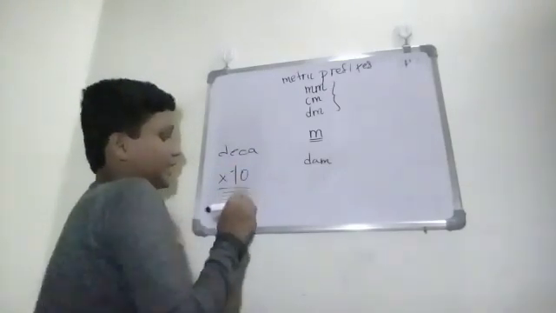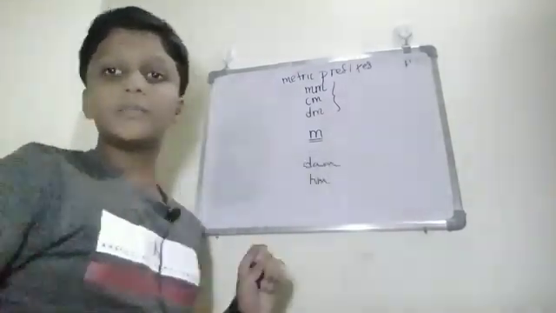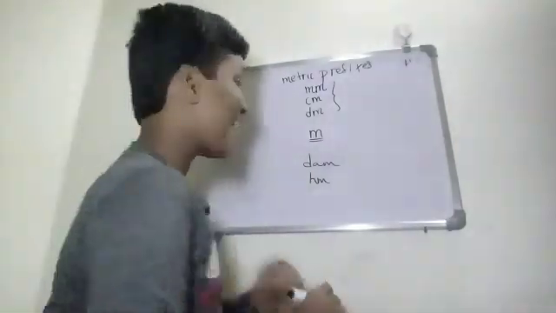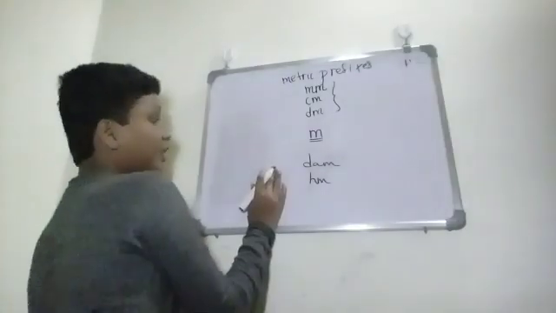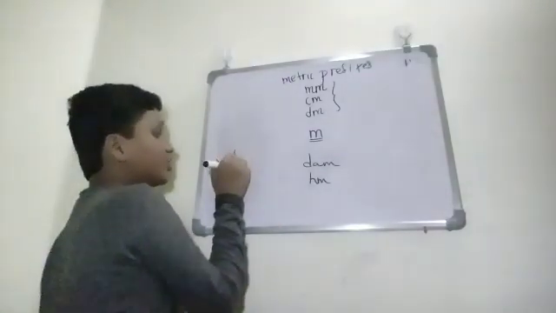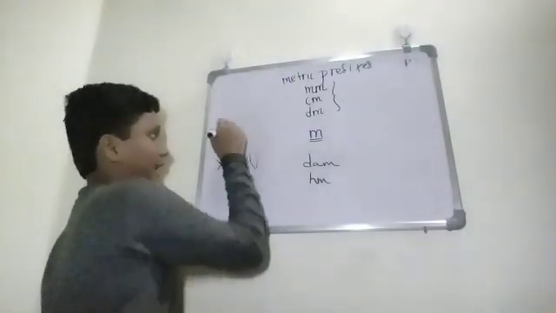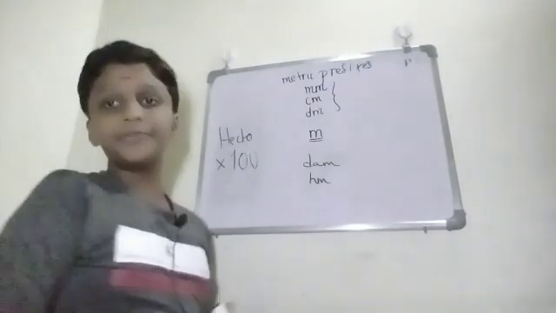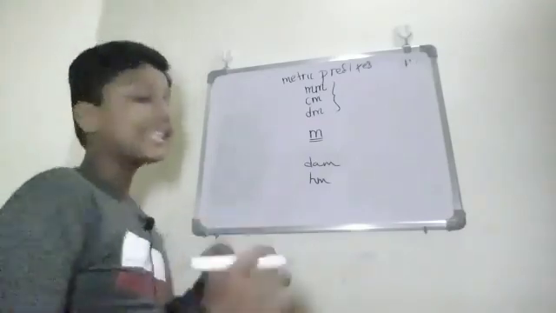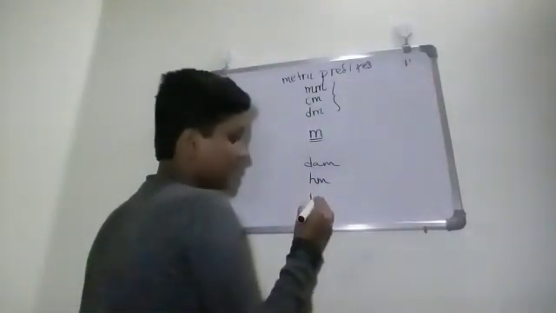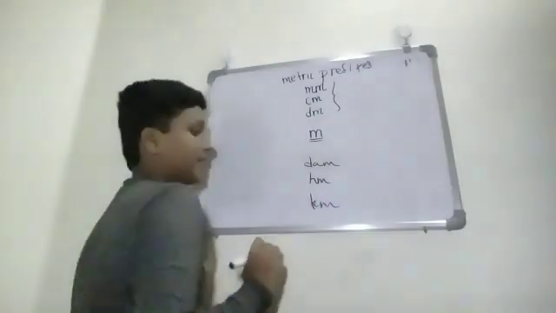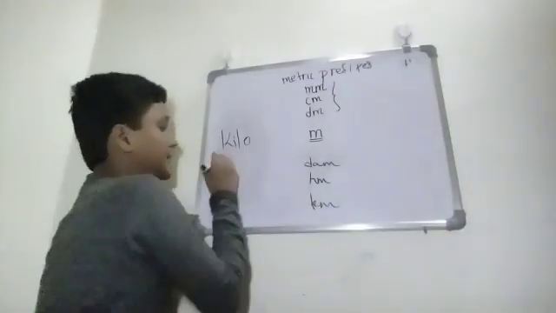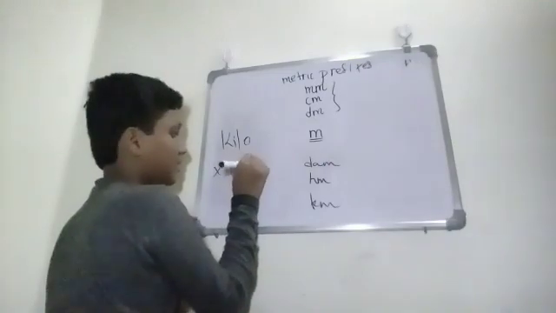Next we have hecto, as in hectometer, which means into 100. And the last metric prefix is kilo, as in kilometer. Kilo means into 1000.